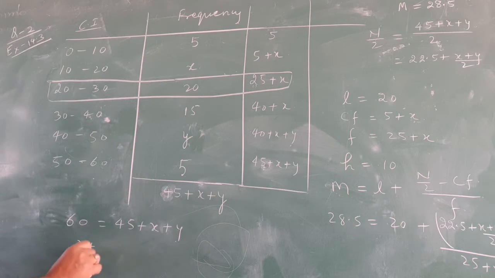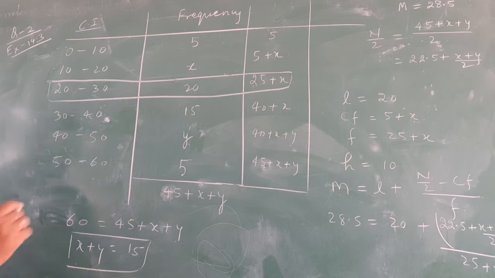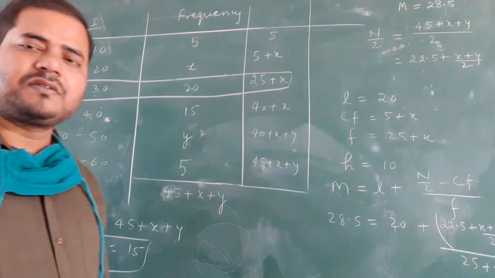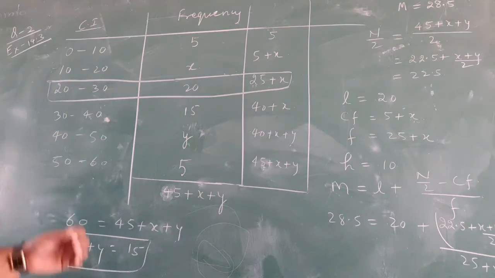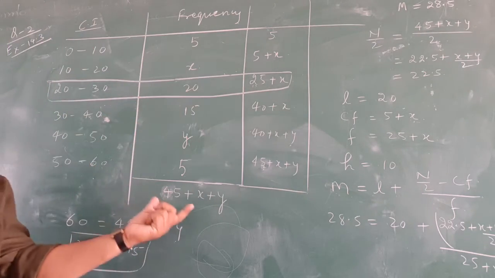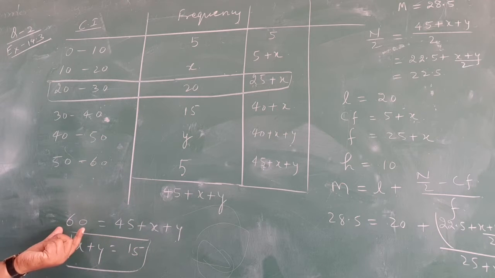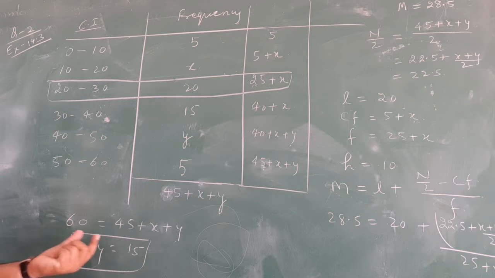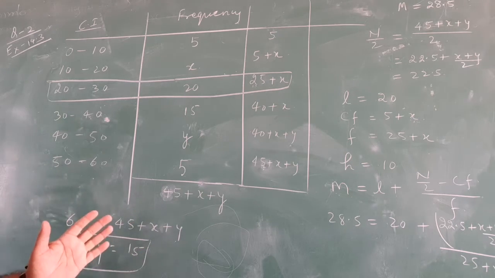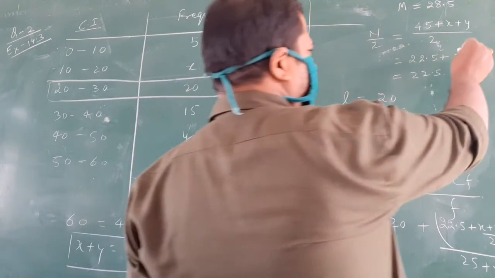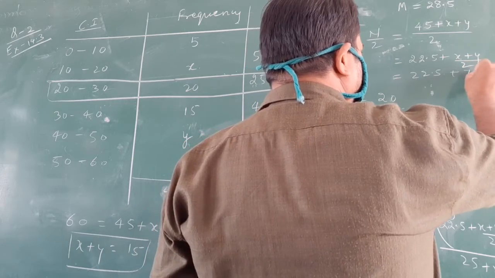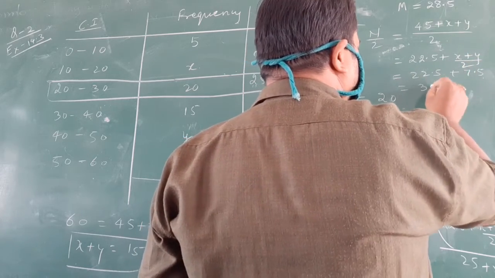So x plus y is 15. It is given in the book. So put the value of x plus y by 2 here. This is 7.5, so this is simply 30.